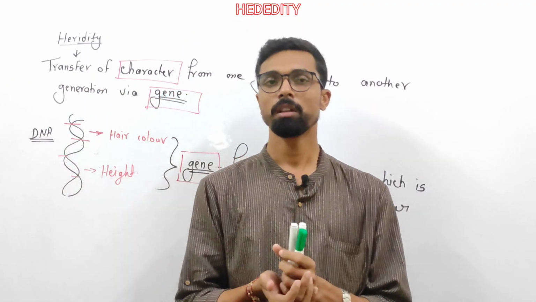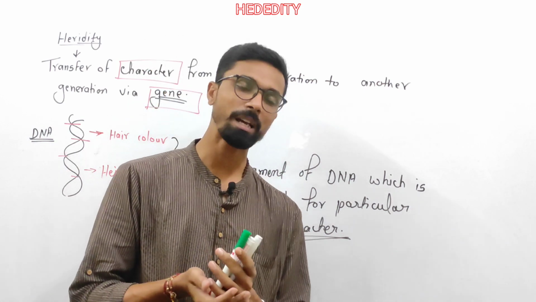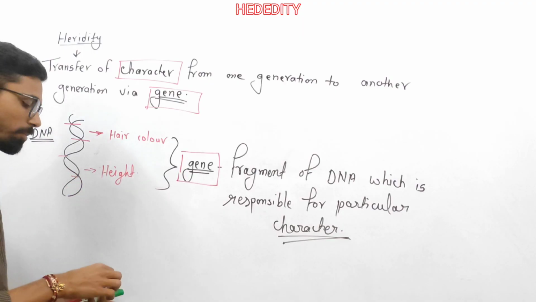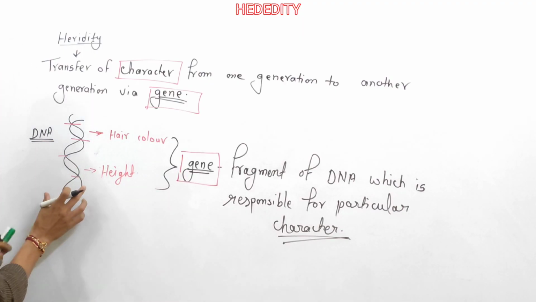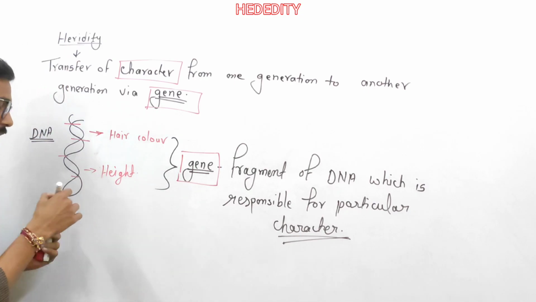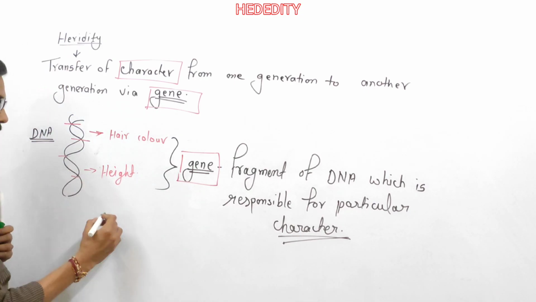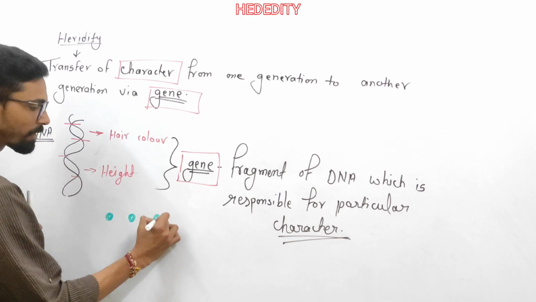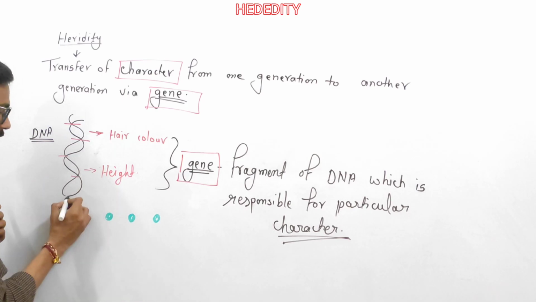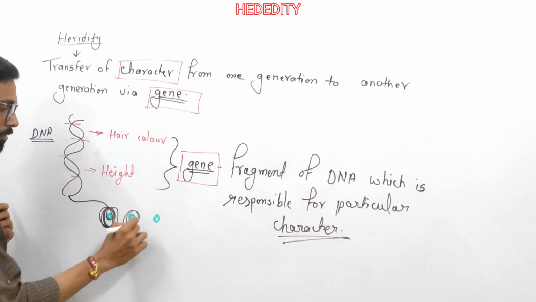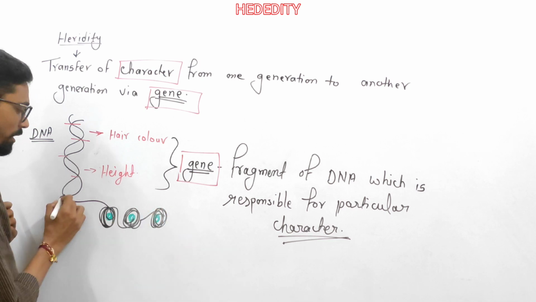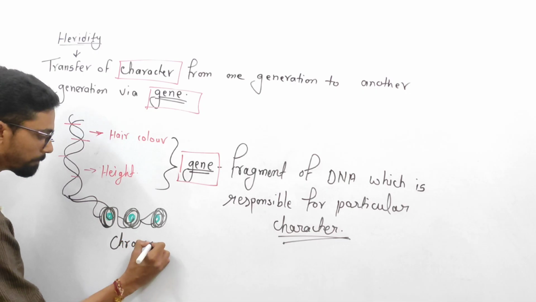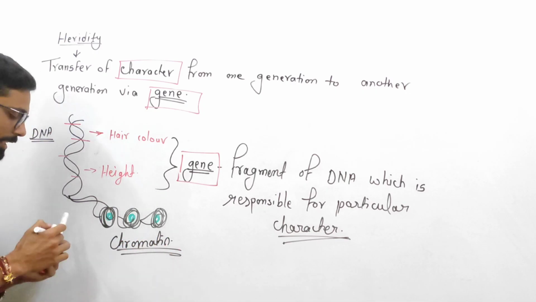We all know that half of the chromosomes in the human are going to transfer into the gametes, and then fusion happens and the zygote forms. So DNA forms this when it is condensed with a certain type of protein, called histone protein. DNA is a thread-like structure, and when that thread-like structure is condensed, it is called chromatin.